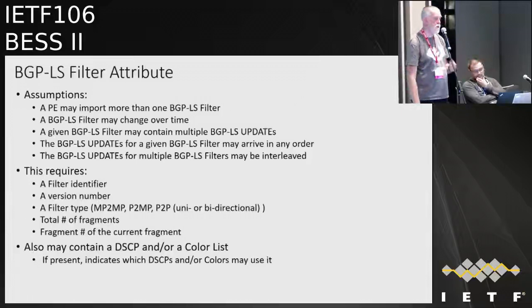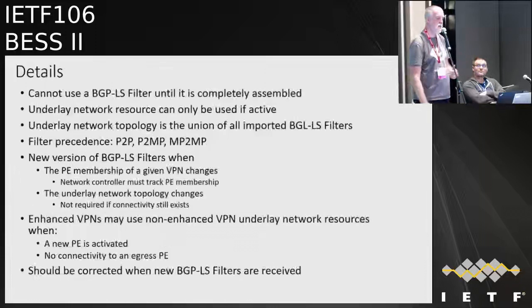So this requires that we have a filter identifier and a version number and a filter type and a number of fragments and an identifier of the current fragment. That's sort of business as usual. And then you can also include a code point in there to indicate what DSCP code point you would use for packets in that filter.